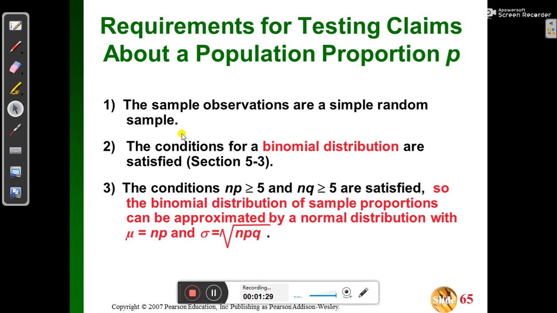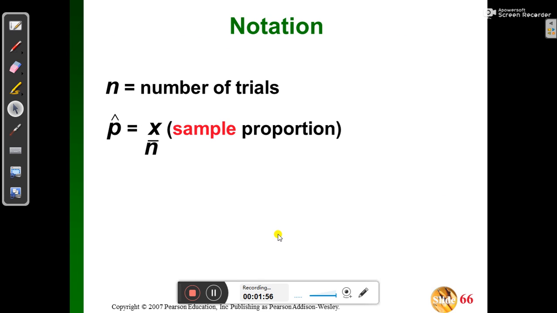The conditions NP greater than or equal to 5 and NQ greater than or equal to 5 are satisfied. So the binomial distribution of sample proportions can be approximated by a normal distribution with mu equal to NP and sigma equal to root over NPQ.